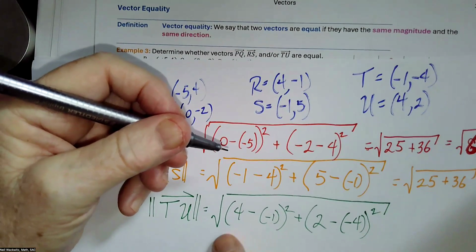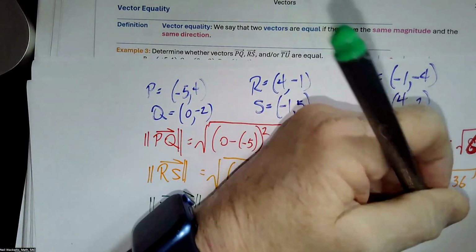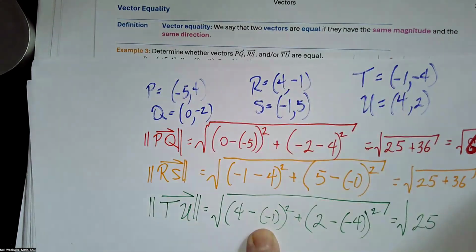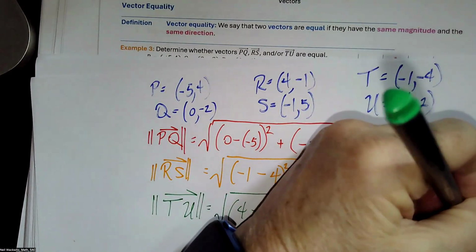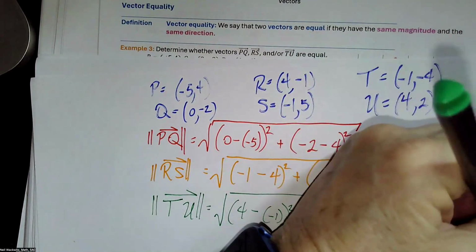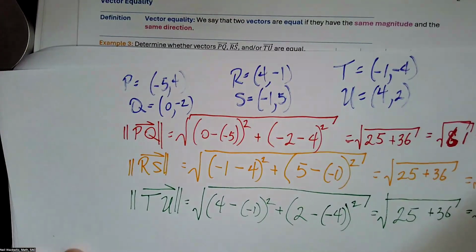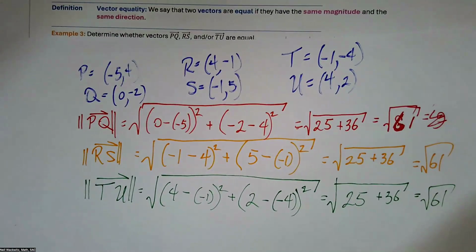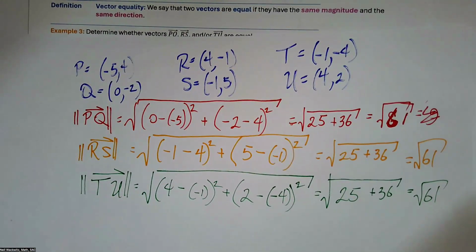Four minus -1 is 4 plus 1, which is 5. 5 squared is 25. 2 minus -4 is 2 plus 4, which is 6. 6 squared is 36. And again, we get square root of 61 for the magnitude of TU.